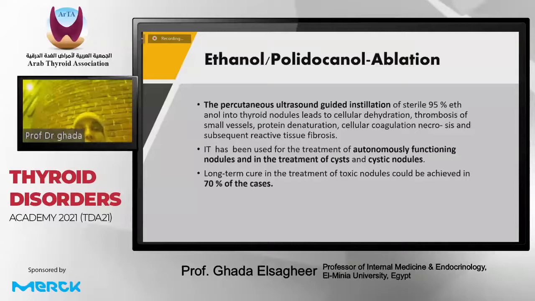So percutaneous ultrasound-guided instillation of sterile 95% ethanol into the thyroid nodule leads to cellular dehydration, thrombosis of small vessels, protein denaturation, cellular coagulation necrosis, and subsequent reactive tissue fibrosis. It has been used for treatment of autonomously functioning nodules or treatment of cysts or cystic nodules.